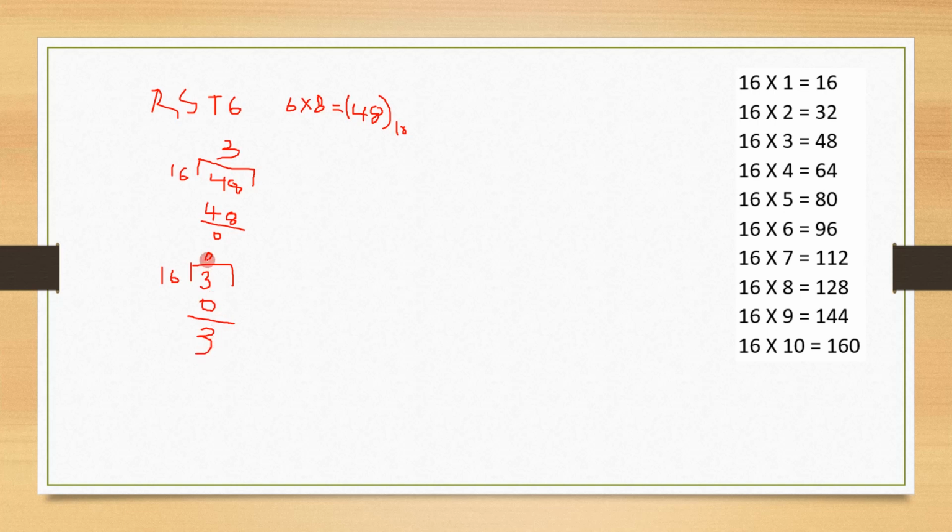As soon as we get the quotient as 0, we will stop. So my remainder is 3 and here what we got is 0. We will take the remainder in reverse order. So it is 3 0 and here we will put 2 zeros: 0030H. So the vectored address of RST6 is 0030H.